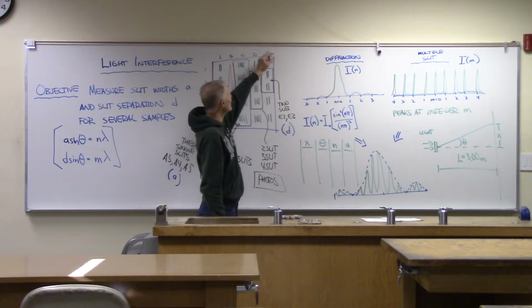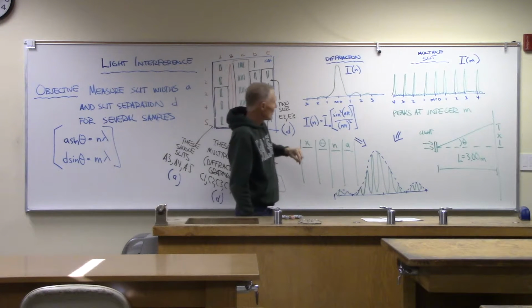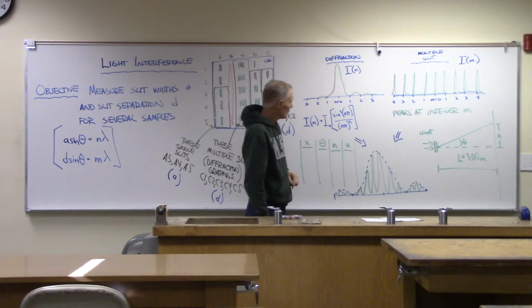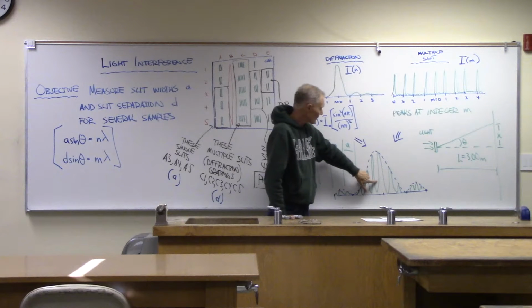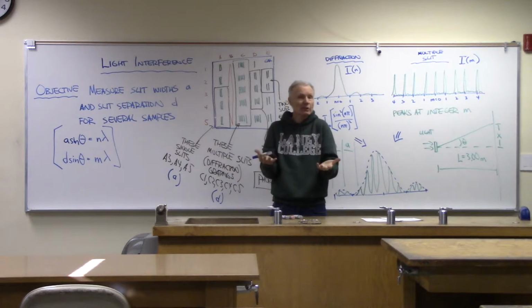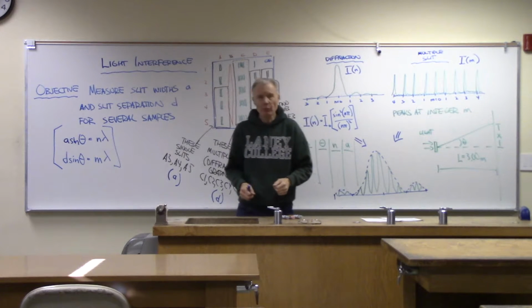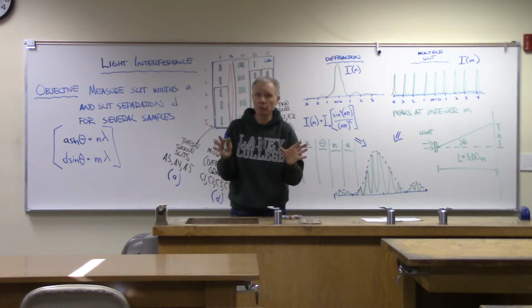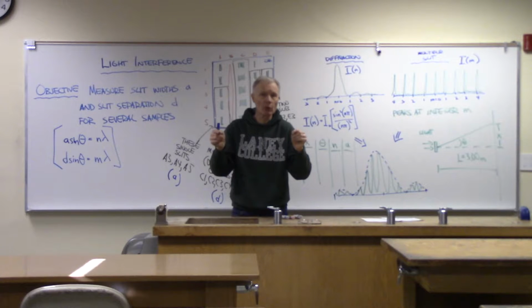So in column E, we've got 2 slits. That's going to look something, well, maybe like this. So what's going to happen is the diffraction effect is still there. But the diffraction effect now is not a pure diffraction, it's a diffraction envelope.